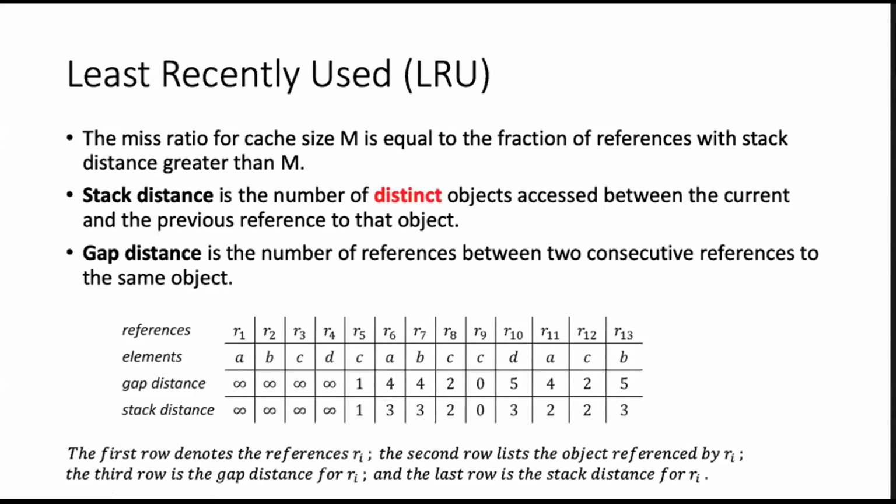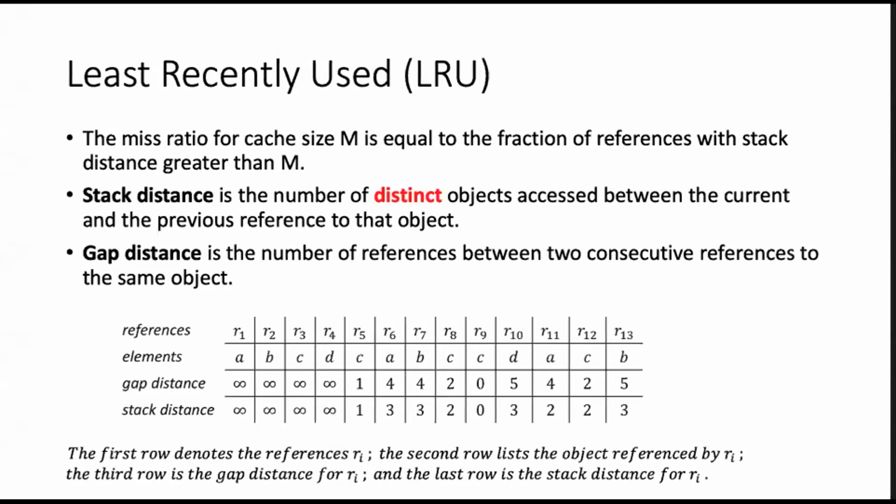Now here, the stack distance is defined as the number of distinct objects accessed between the current and the previous reference to that object. Besides stack distances, we have gap distances as well, and a gap distance is the number of references between two consecutive references to the same object.